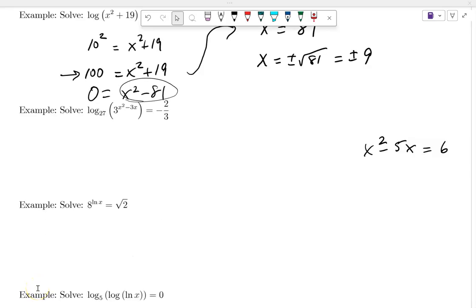What was your first step here? Base 27 to the power of 2/3. Good. Yep. So your base is 27. Your exponent is negative 2/3. That has to equal what's on the inside, right? Agree with that?